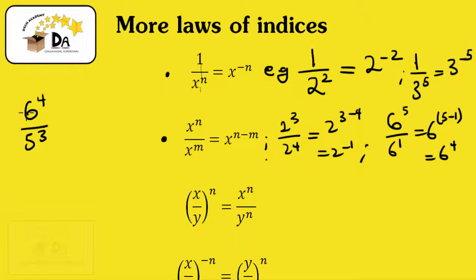Here, the base of this term is 6. The base of this term is 5. They're very different. But if we had 6 to the 4 divided by 6 to the 2, it would apply because we have x, which is 6, n is 4, m is 2. So we would have 6 to the 4 minus 2, which is 6 to the 2.